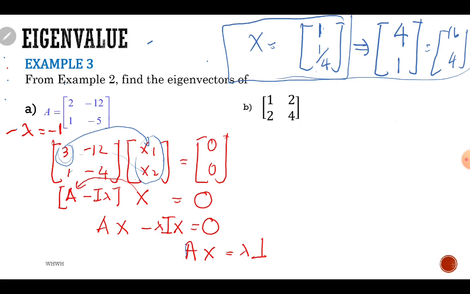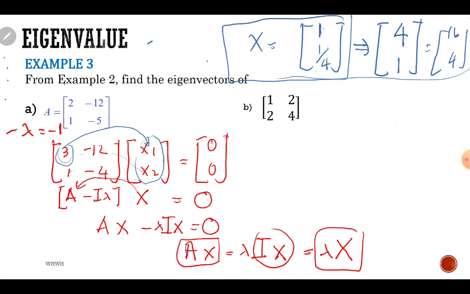Okay, yang ni kan I ni identity darab dengan X, so dia akan dapat sama dengan X. Okay, so our matrix sekarang ni akan dapat AX sama dengan lambda X. So let's find out. Okay, adakah kita akan dapat AX sama dengan lambda X?